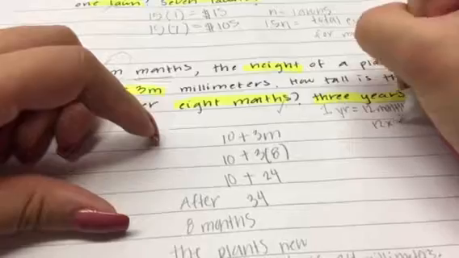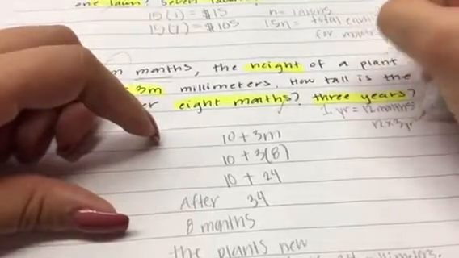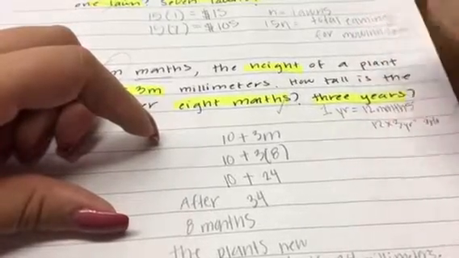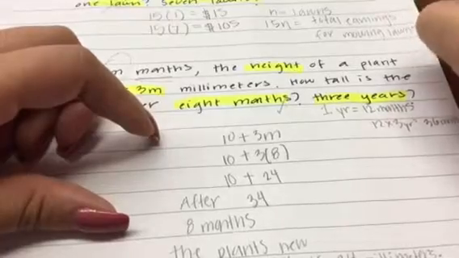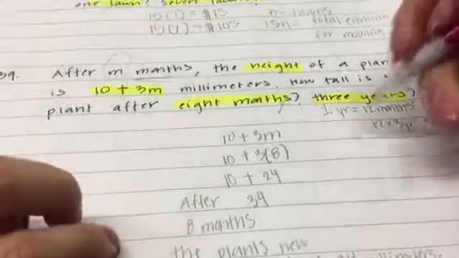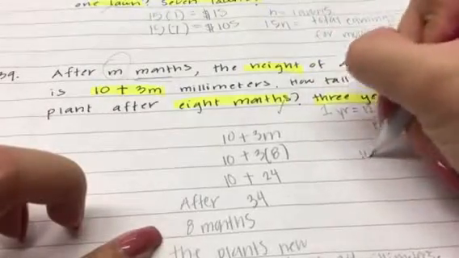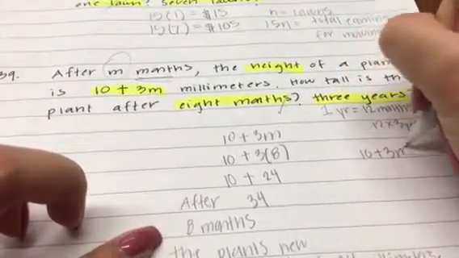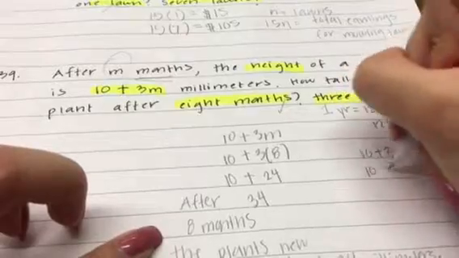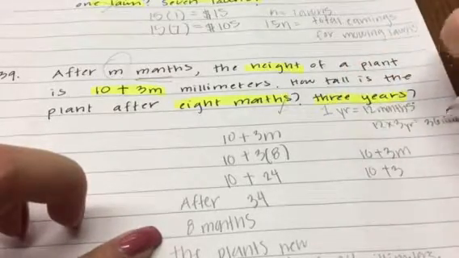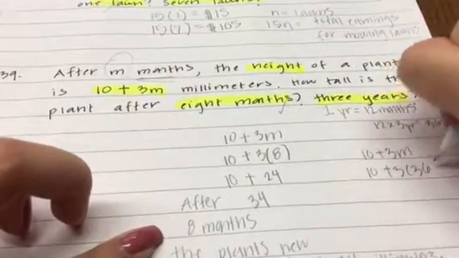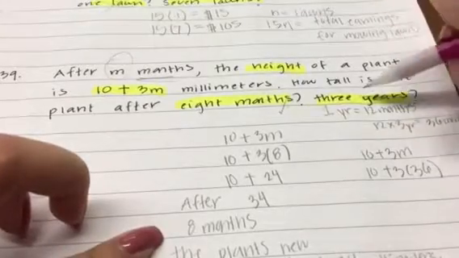And 12 times 3 years is what? 36 months. So now we can go ahead and plug in a value for m. So we would use the same expression, 10 plus 3m, but now we would go ahead and substitute 36 months, because 36 months is equivalent to 3 years.